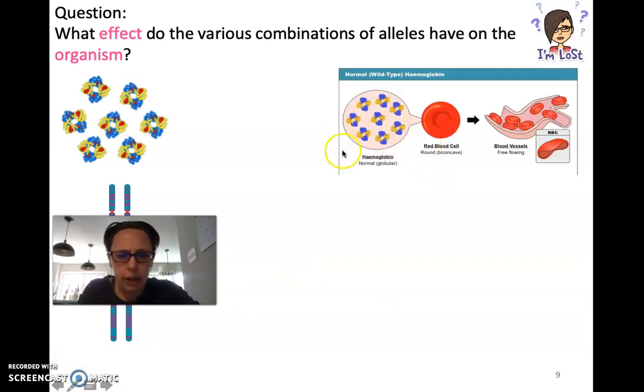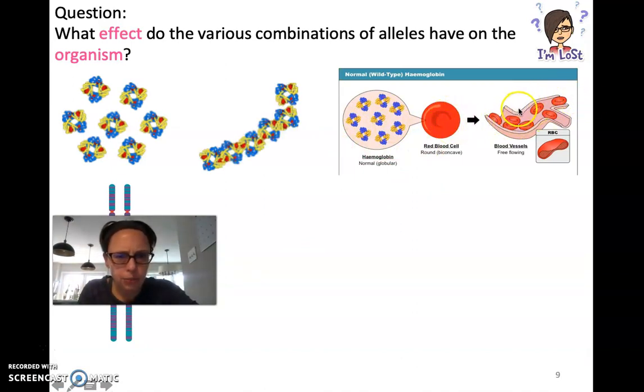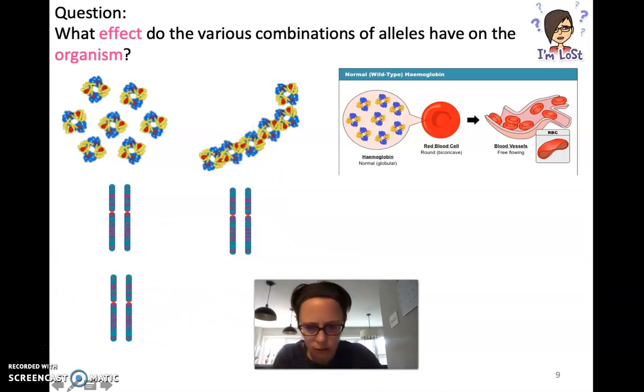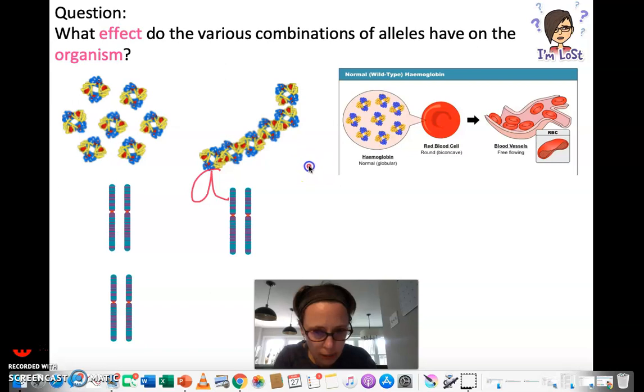Okay, so again, normal hemoglobin, normal red blood cells, blood flow is totally great. Look at this lady. This person has sticky hemoglobin. So on her chromosomes, she has a little a on one chromosome and a little a on the other chromosome.